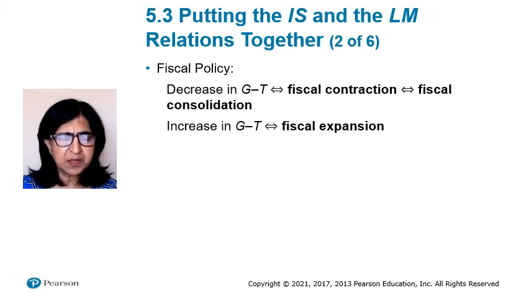A reduction in the budget deficit achieved either by increasing taxes or by decreasing spending or both, that is, a decrease in G minus T, implies fiscal contraction or fiscal consolidation. Symmetrically, an increase in the budget deficit achieved either by decreasing taxes or by increasing spending or both, that is, an increase in G minus T, implies fiscal expansion.